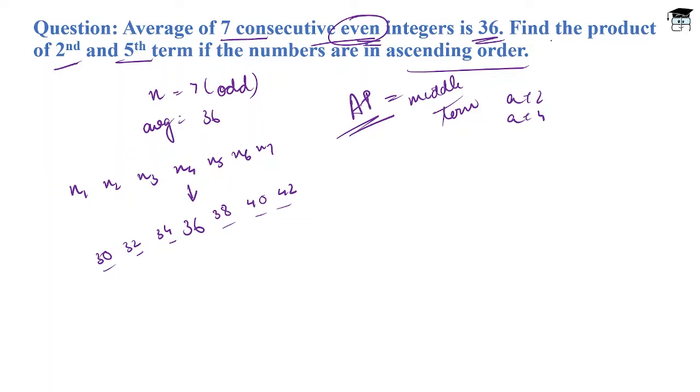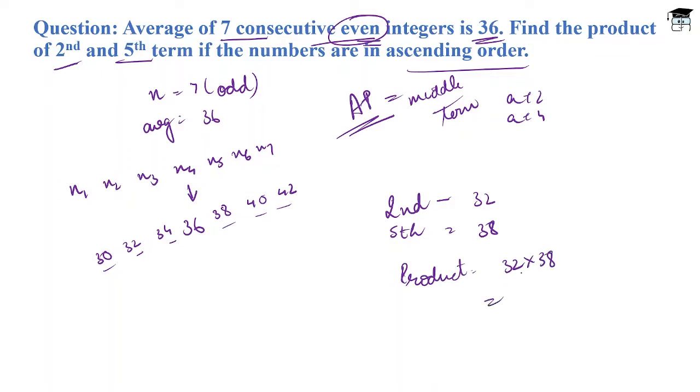Now the question says find the product of second and fifth term if the numbers are in ascending order. So now we know the second term is 32. Fifth term is 38. So the product would be 32 into 38.